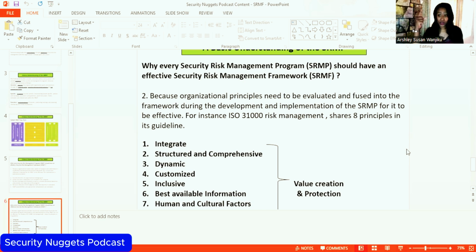What is your organizational leadership culture? How do they behave? Are they encouraging the security efforts? How do they behave when it comes to the human and cultural factors of your leadership? So again, you factor that principle and fuse it into the security risk management framework.